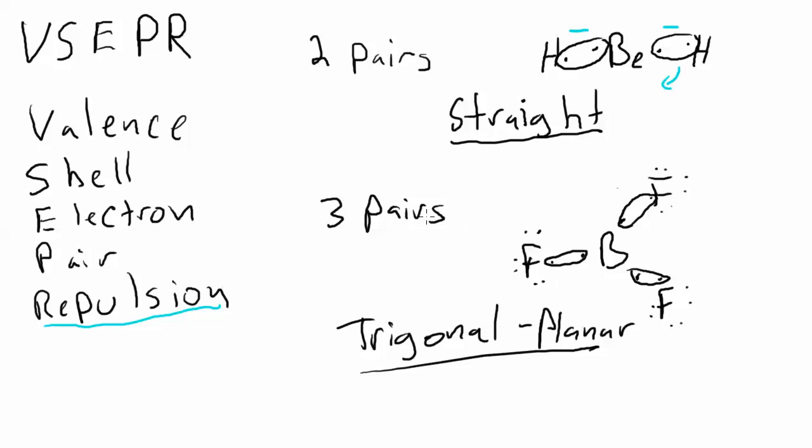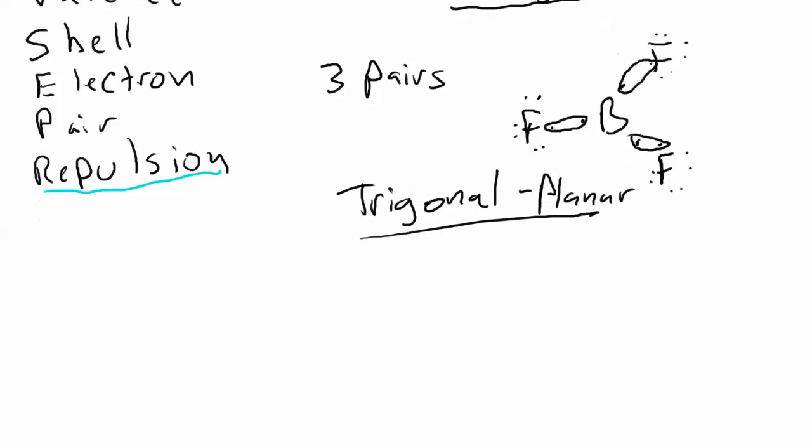So anytime you have three pairs of electrons around a central atom, you're going to get the trigonal planar shape. The planar is just saying that it's flat. We're going to find out that there's another shape, kind of a pyramid that's not flat, so it gets a different name. All right, so three pairs around it, trigonal planar.